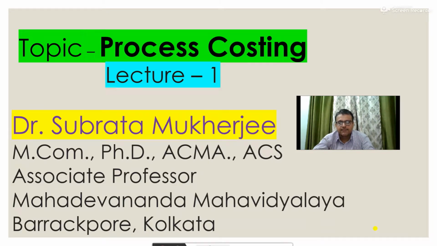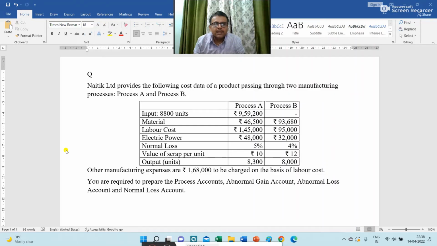Naitik Limited provides the following cost data of a particular product passing through two manufacturing processes, process A and process B. Input 8,800 units and the cost is 9,59,200.